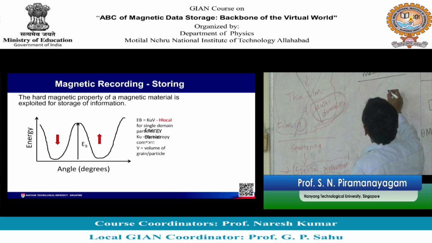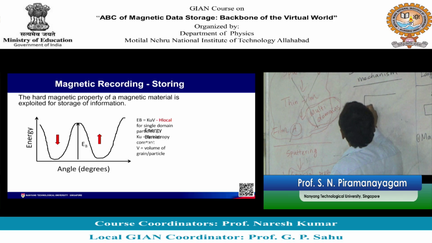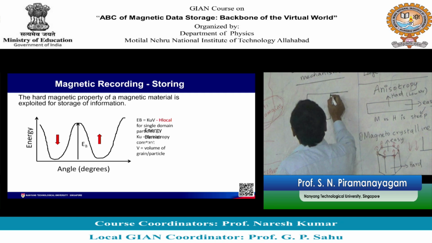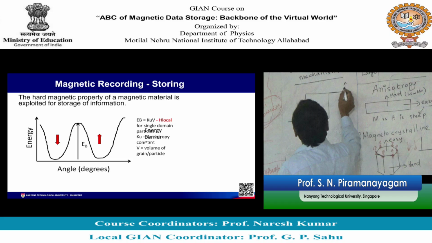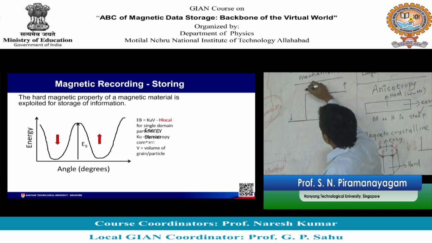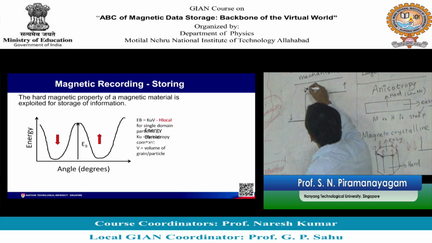So, we are interested in this case. In this case I told you that there is a HK. If you have a particle, the particle will undergo a reversal from one direction to the other direction at a field given by HK.